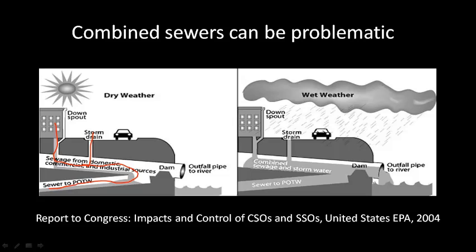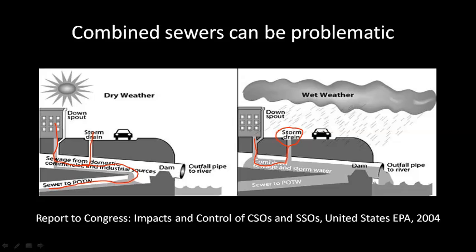What's problematic about the combined sewer is that if we have a lot of rain, that means there's a lot of water entering through the storm drains. And one thing that I think isn't maybe clear to a lot of people is that water treatment plants have capacities. If that capacity is exceeded, that means that water has to go somewhere else and it's not going to be treated.